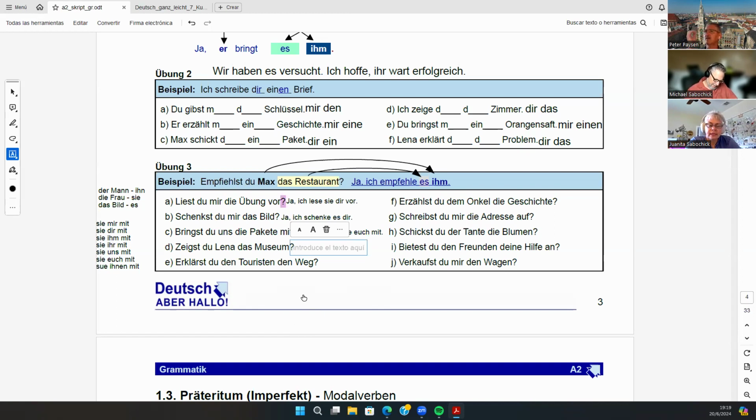So ich bringe sie euch mit. Also bringst du uns die Pakete mit. Are you gonna bring the packages along for us or to us? Yes, I will bring them along for you.